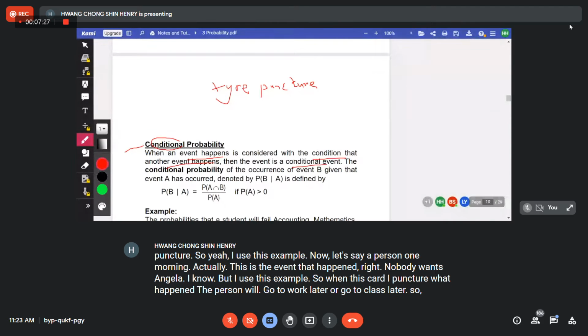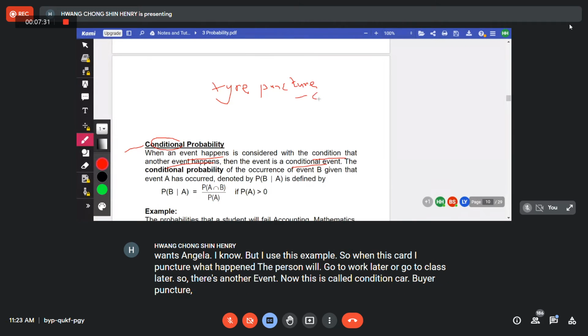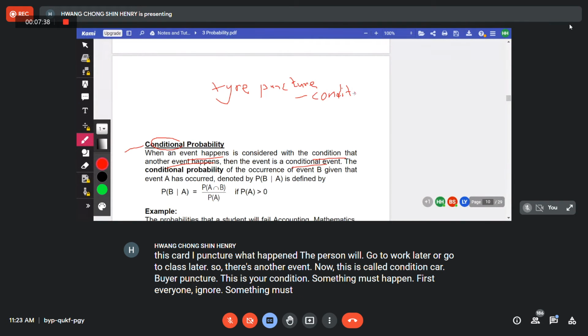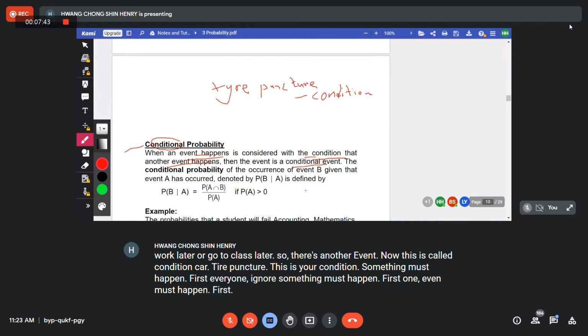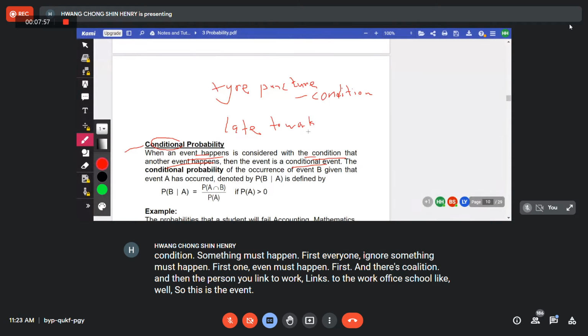So there is another event. Now this is called the condition. Car tire puncture is your condition. Something must happen first. Everyone, take note. One event must happen first, and that's called the condition. And then the person will be late to work, or to school or whatever. So this is the event that happened because of car tire puncture.